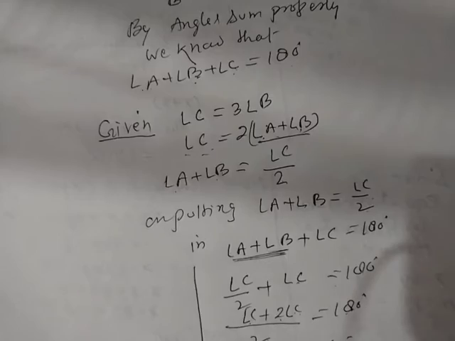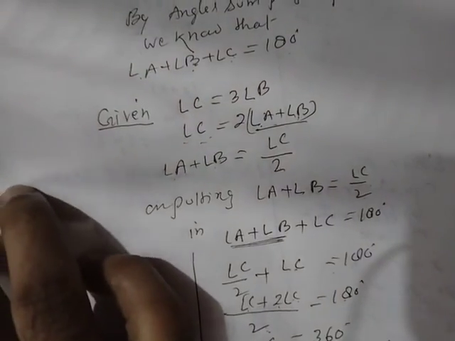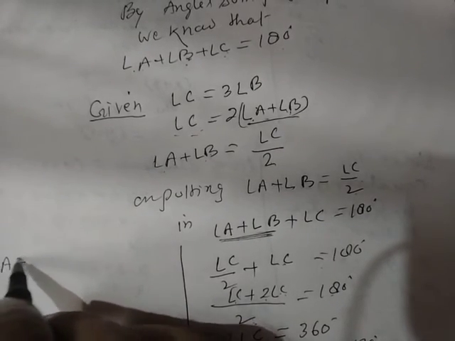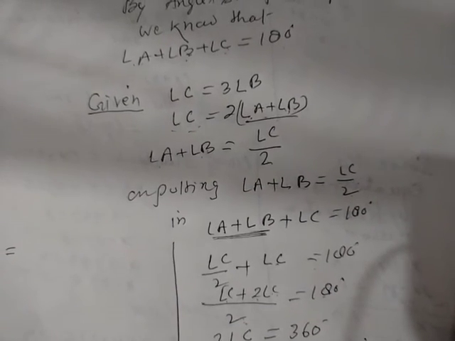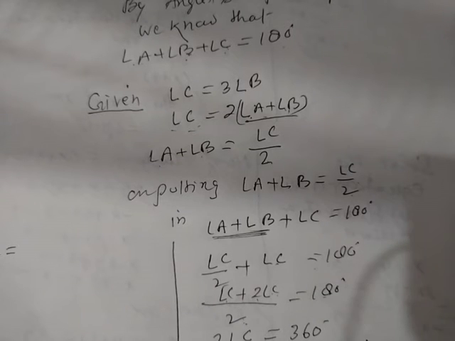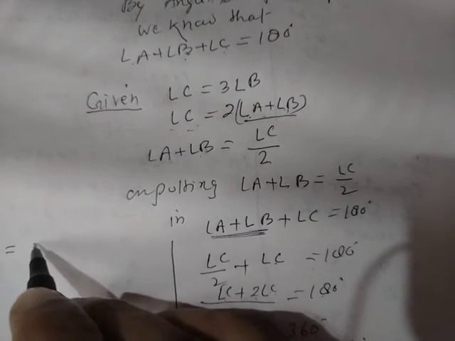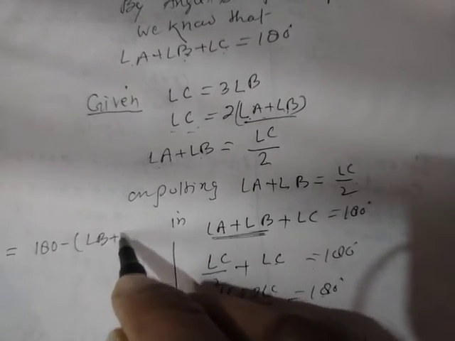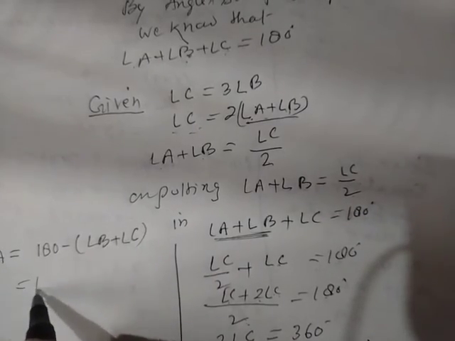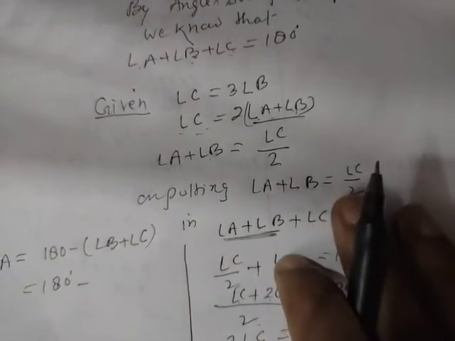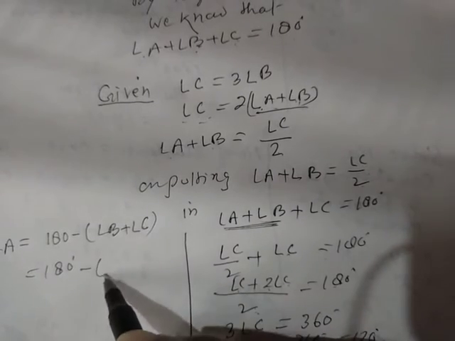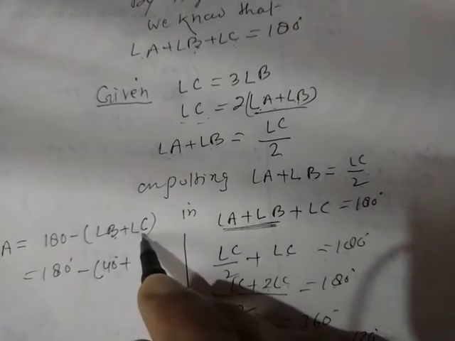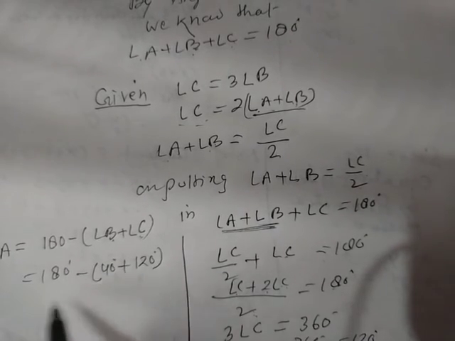Now student, angle A is equal to 180 minus angle B plus angle C. Angle B is 40 degrees plus angle C 120 degrees.